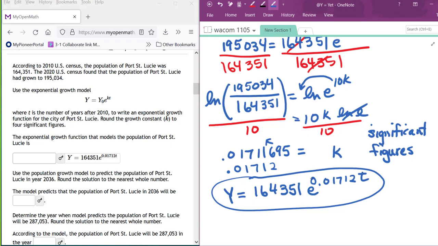All right. Now they ask us to use this population growth model to predict the population of Port St. Lucie in the year 2036. Right, the original model was 2010. So we're going to find t right here. So t will be 26 years.